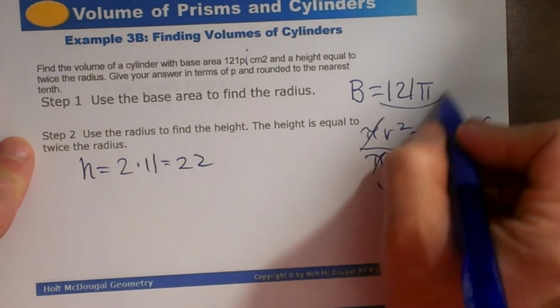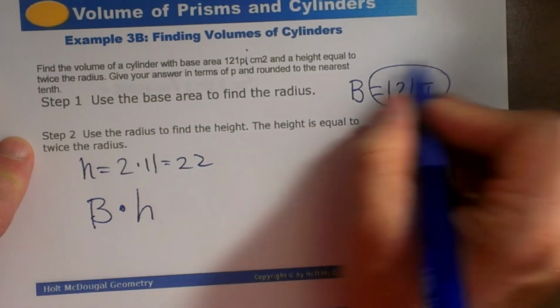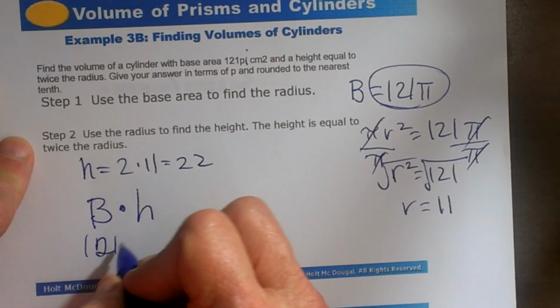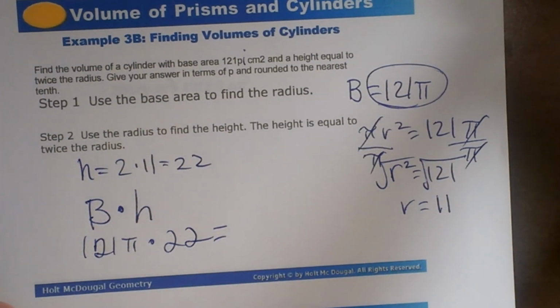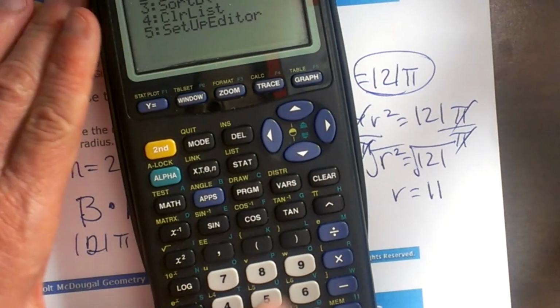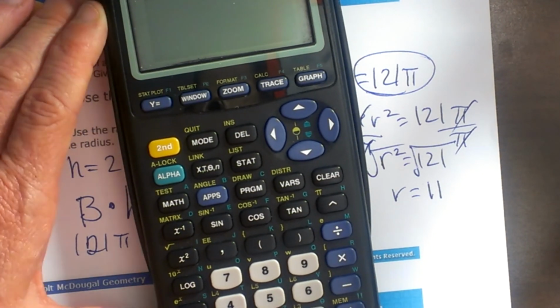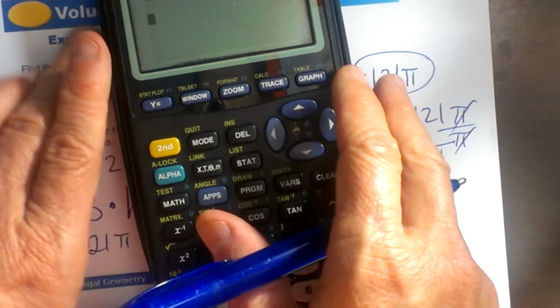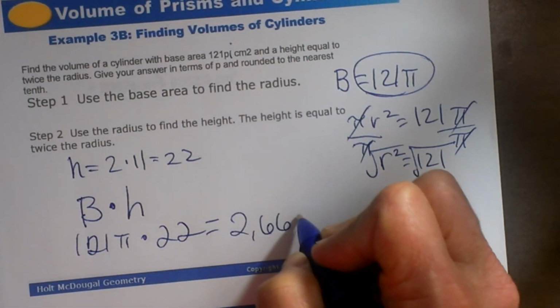So now we already have the base area, so this is going to be easy now. Base area times height. Base area is 121 pi times a height of 22. So let's grab our calculators. 121 times 22, and that's 2,662 pi.